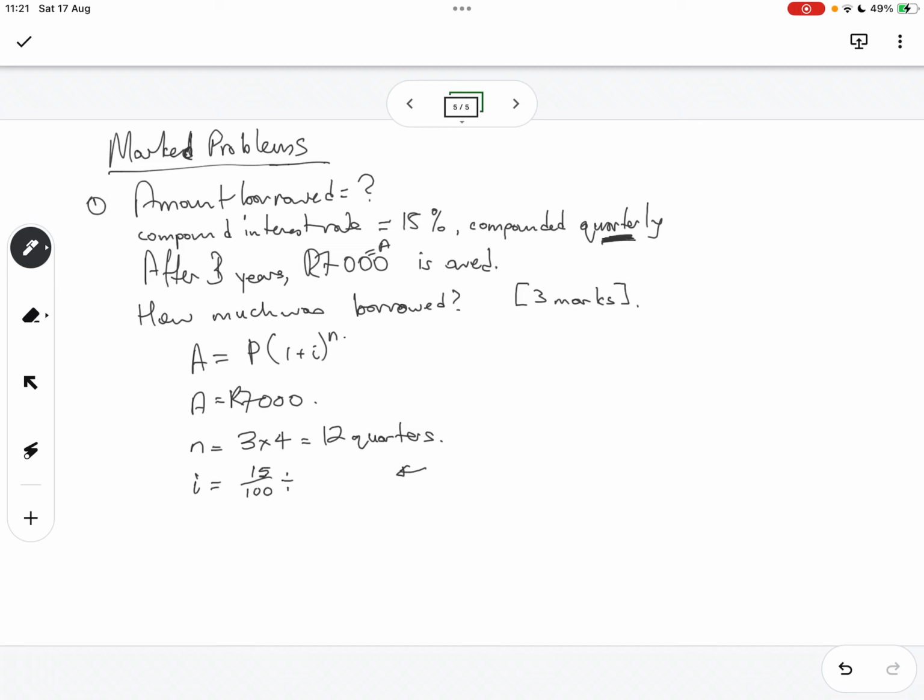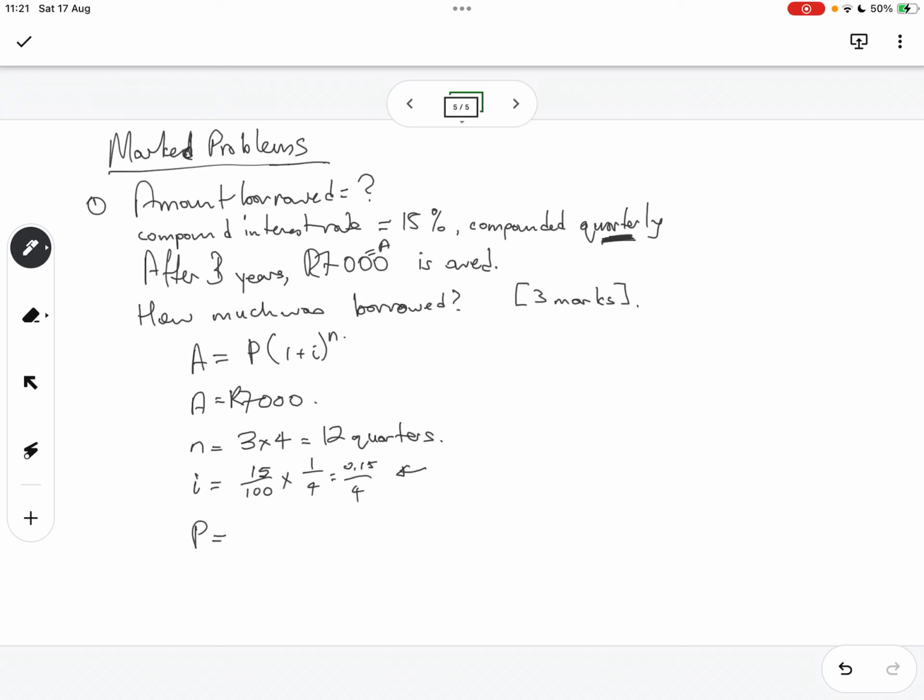We'll multiply by 1 over 4. That's excellent. So we'll multiply by a quarter. And then that's our interest rate. So this will be 0.15 divided by 4.